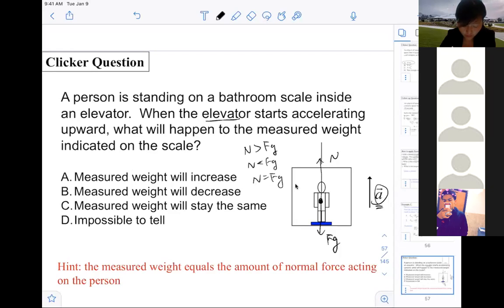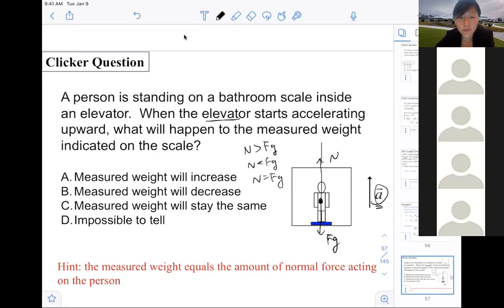What do you think? In order for your acceleration to be upward, is the normal force going to be equal to mg, or is it going to be bigger than mg?